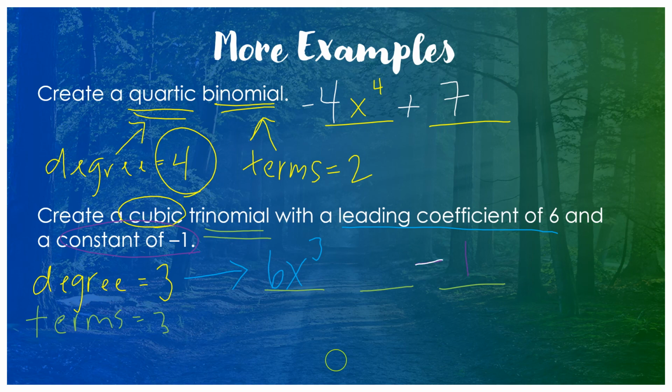And the constant is always going to be at the end when you're putting it in standard form because that's the lowest possible exponent. So now for my middle term, you've got lots of choices. So I'm going to do plus. Again, it just has to be an exponent that is smaller than 3, and it can't be a constant because then I'd be able to combine it with the -1. So let's do plus 5x, and that would now be a cubic trinomial.